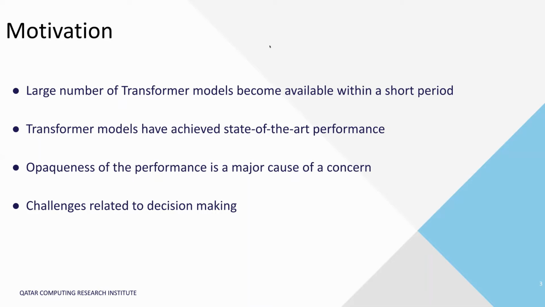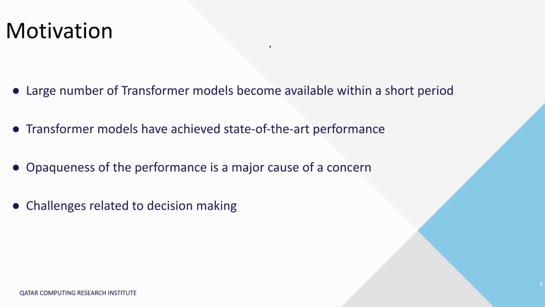One thing that we have seen over the last year and a half, almost less than 2 years, is a big number of transformer models that have become viable within this frame of time. And these models, luckily, have achieved really state-of-the-art performance in a number of downstream tasks.